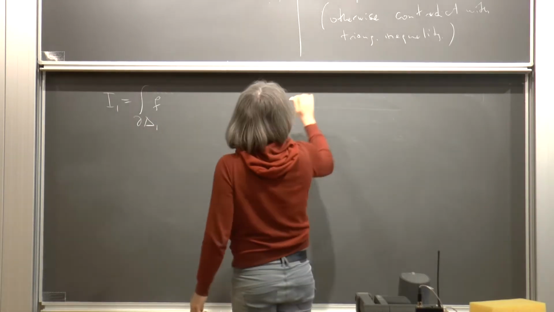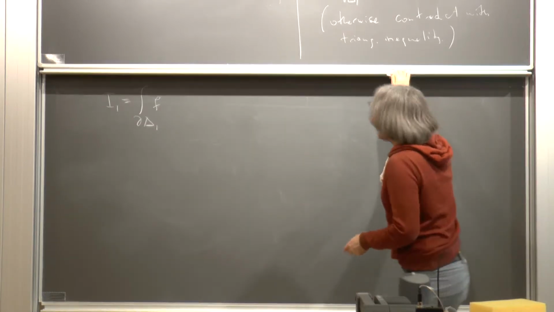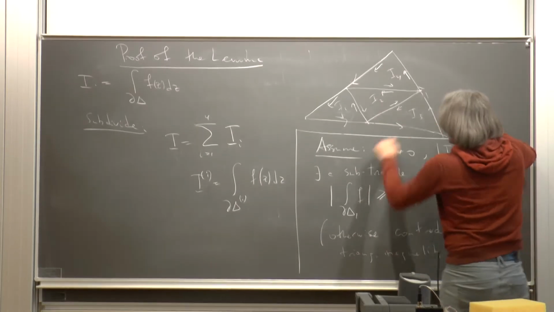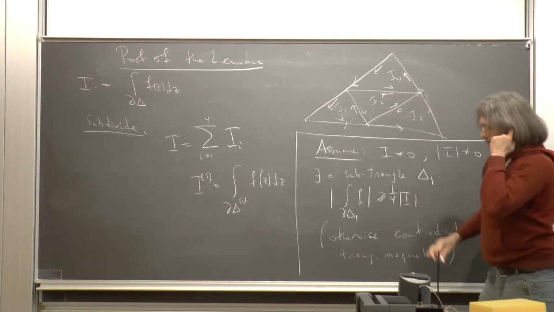So now repeat with the same picture. Now this triangle is our delta 1.